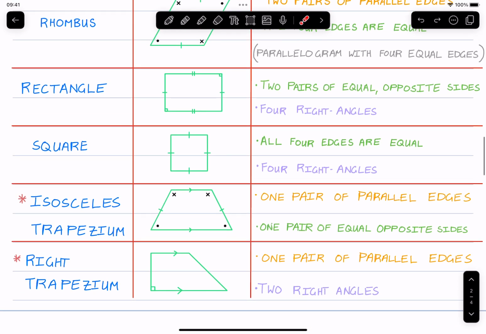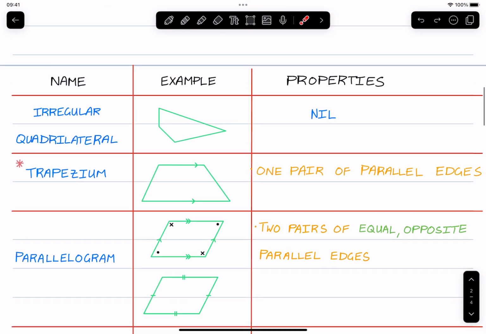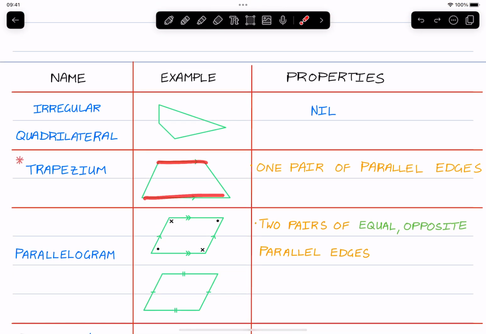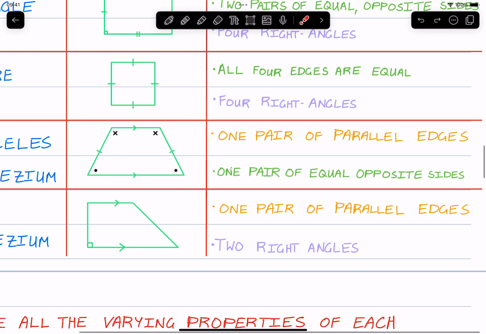All right, and now to the last two special quadrilaterals. These are actually just special forms of trapeziums. So trapezium is just so long as we have one pair of parallel edges. These still have that. So here's the pair of parallel edges. Here's the pair of parallel edges. But with an isosceles trapezium, we have one pair of equal opposite sides.